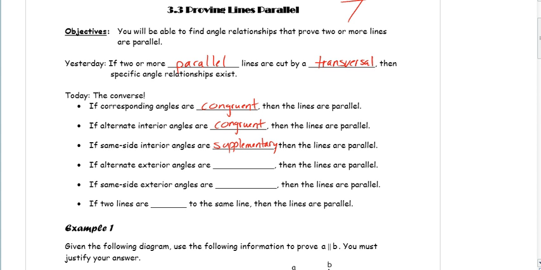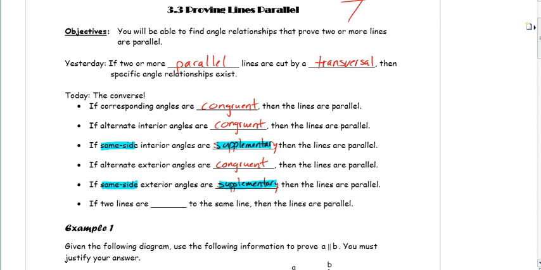If alternate exterior angles are congruent, then the lines are parallel. If same side exterior angles are supplementary, then the lines are parallel. Again, notice that supplementary occurs with same side both times. So that's a little way of remembering it.